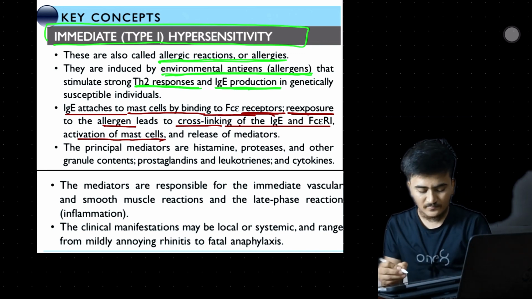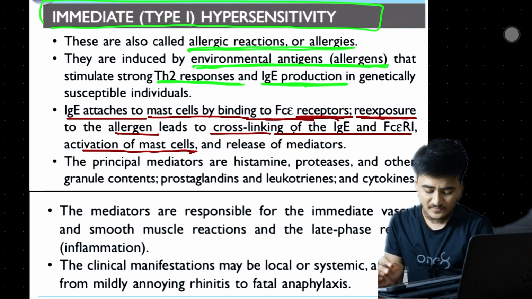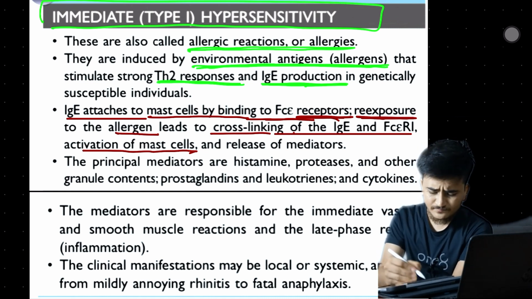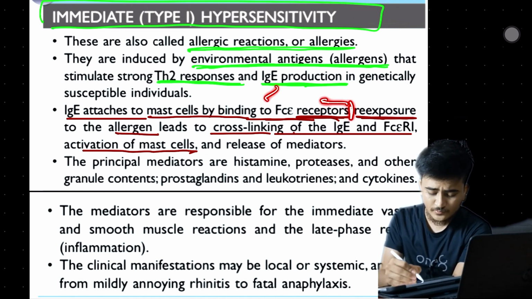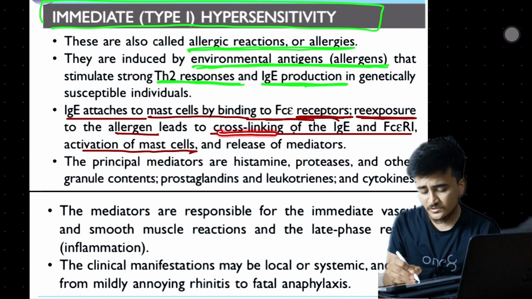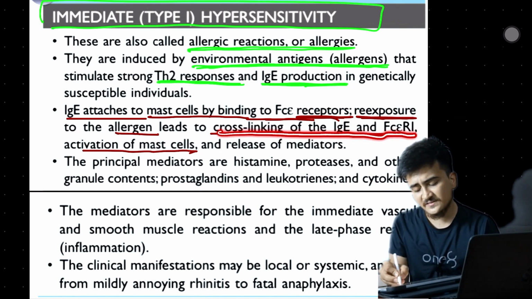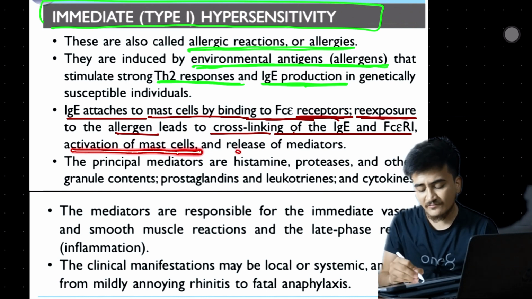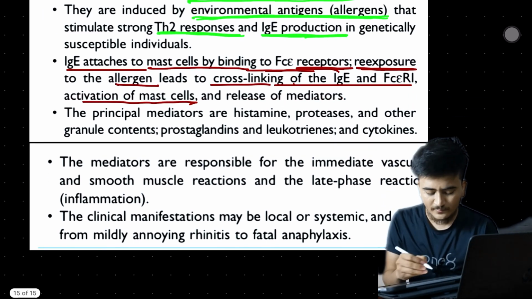On re-exposure to allergen, cross-linking of IgE and FcεRI causes what? Activation of mast cells. IgE was attached to mast cells by binding to the Fc epsilon receptor. The first exposure we have already discussed. On re-exposure to allergens, this will cause cross-linking of IgE and the FcεRI receptor, and that causes the activation of mast cells and release of mediators. We have already learned about these things.